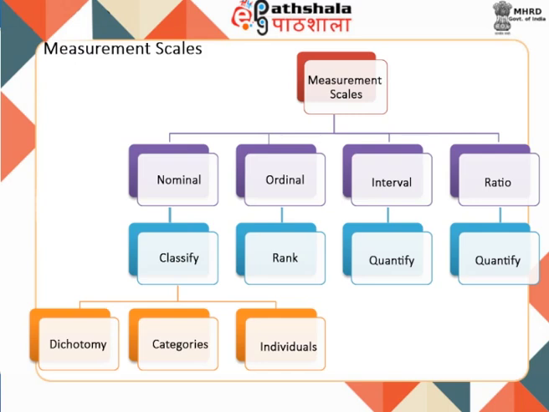An interval scale is one in which the numbers are rank ordered, and it is known how far apart the objects are from one another with respect to the attribute. The ratio scale provides the maximum information about the numbers because, in addition to having all the properties of nominal, ordinal and interval scales, it also has a true zero point.